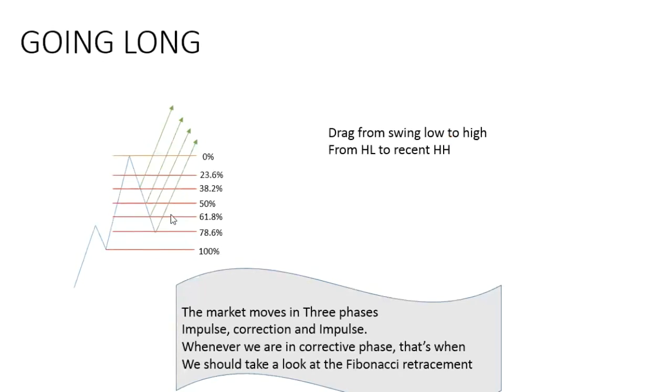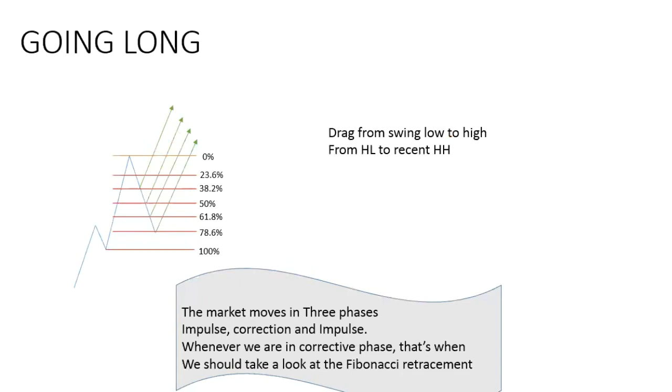So basically, we're going to look at the 38.2 level. We're going to be staring at the 38.2 level to see how price gets here. If it gets here and then it prints a confirmation that we're going to the upside, we're going to take advantage of that. But if it doesn't do that and it gets to the 50%, we're going to take a look at it and look for confirmations on when price is going to go to the upside.